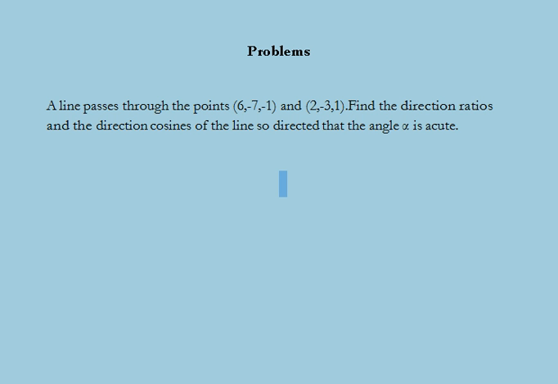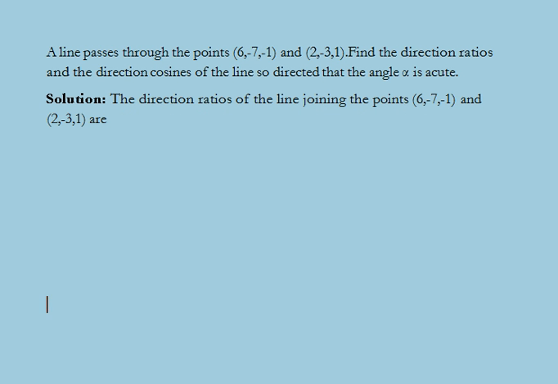Find the direction ratios and the direction cosines of the line so directed that the angle alpha is acute. As discussed, the direction ratios of the line joining the two given points are 2 - 6, -3 + 7, 1 + 1.